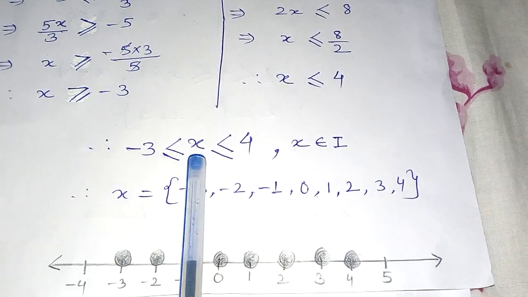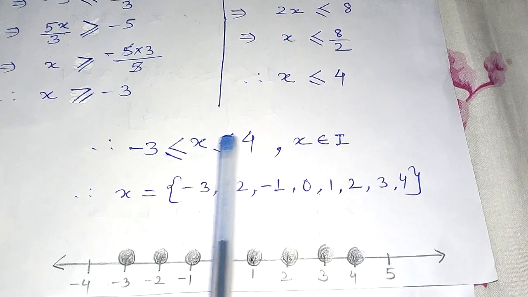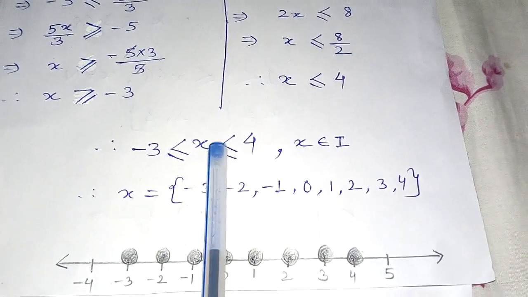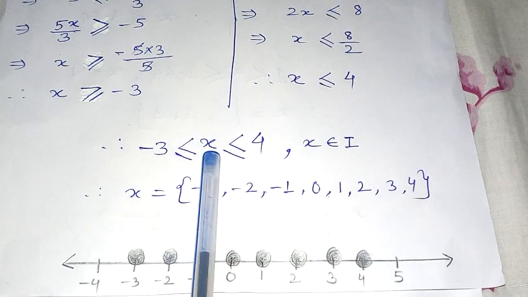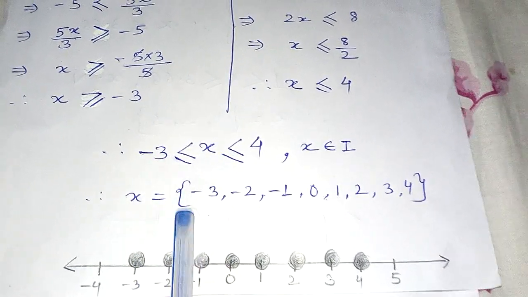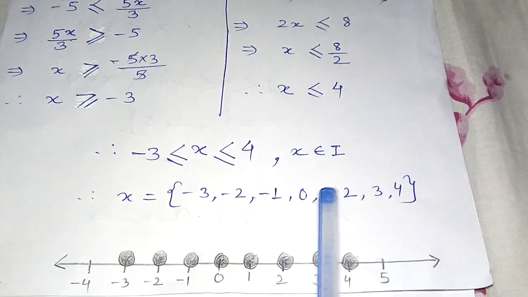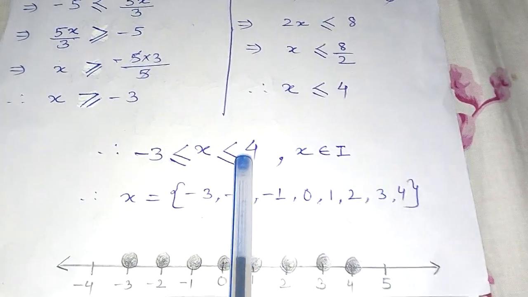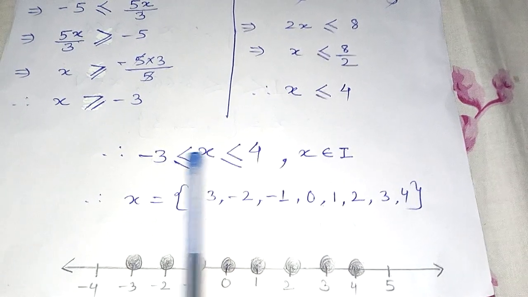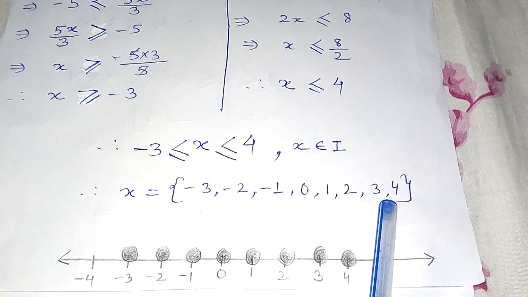So what does this solution set say? It says the value of x is less than or equal to 4, and the value of x is greater than or equal to minus 3. That means x will be minus 3, minus 2, minus 1, 0, 1, 2, 3, 4, because you cannot take more than 4, and you cannot take less than minus 3. So minus 3 and 4 are the border.